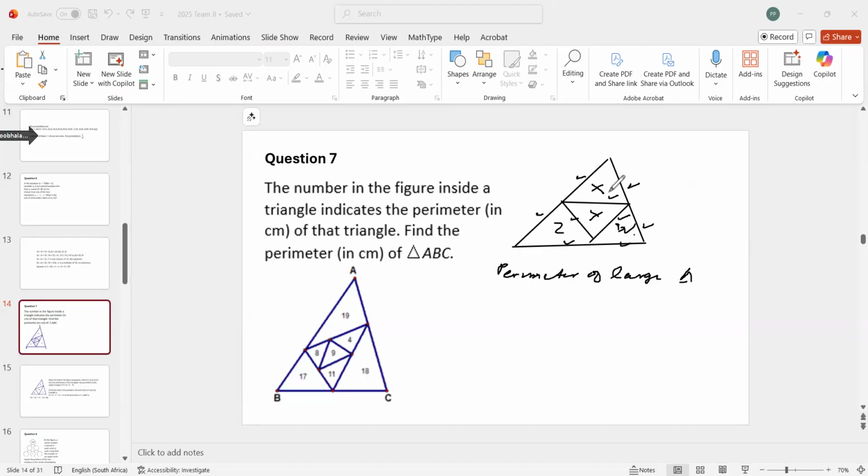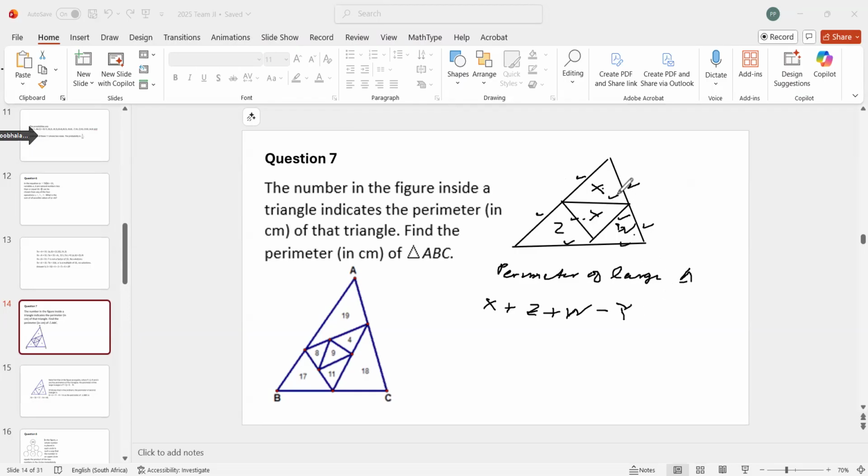So the perimeter of the large triangle is, if I add X plus Z plus W, I have to take out these three here, you see. This is too much. I've got three more, X plus Z plus W, and I have to remove these three ticks, which is Y.